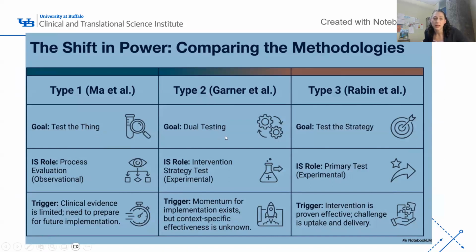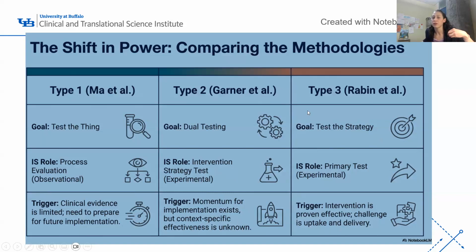Then a type 2, again, the goal is to test both things: to test the intervention and to test some implementation strategies. You're doing a type 2 trial when you do have effectiveness data and some momentum for scale up and implementation, but you still want to be monitoring effectiveness as you roll this out across different contexts.